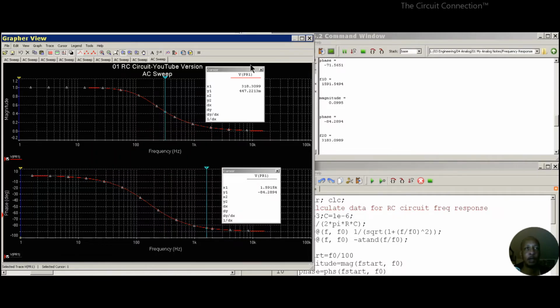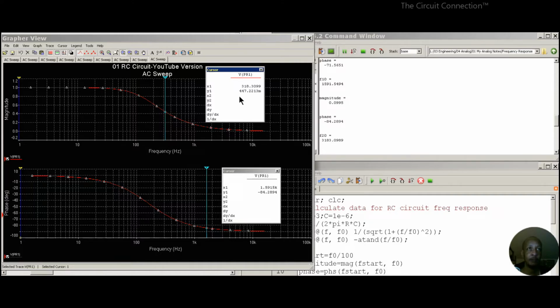By the way, if you do more data per decade, if you plot more points per decade, the accuracy, of course, goes up. But I did as many as I did, and it gives me a certain amount of accuracy. But to like 3 decimal places, that is really, really good.